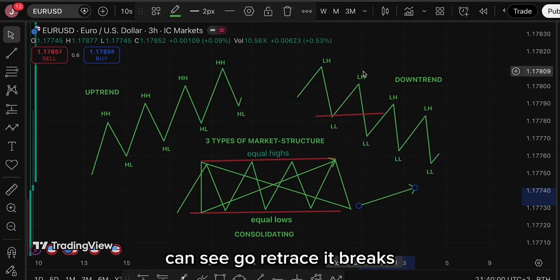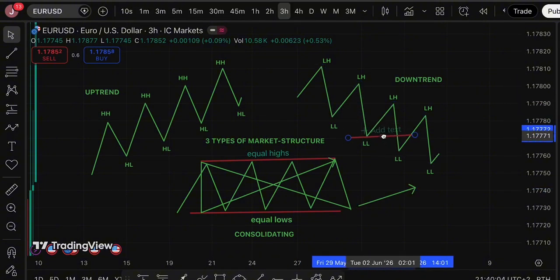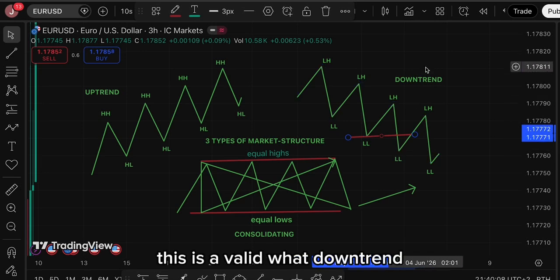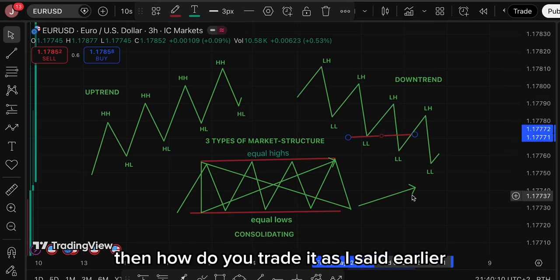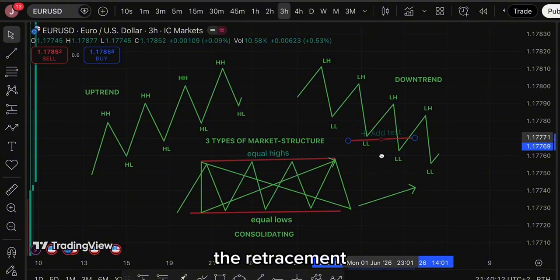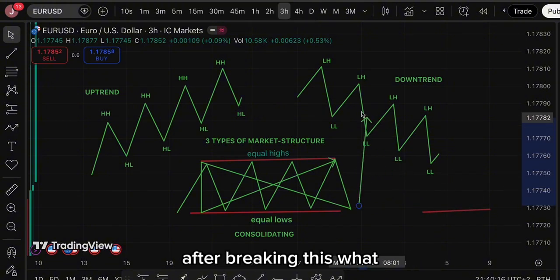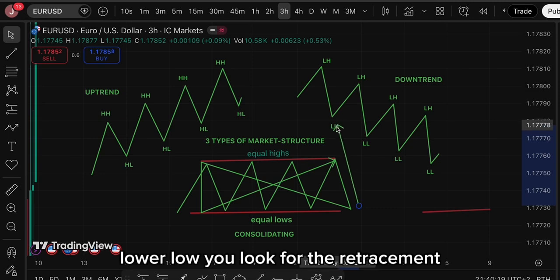It's the lower low that is always breaking. You can see, go, retrace, it breaks, retrace, it breaks. They know, oh, this is a valid downtrend. Then how do you trade it? As I said earlier, the retracement. After breaking the lower low, you look for the retracement.